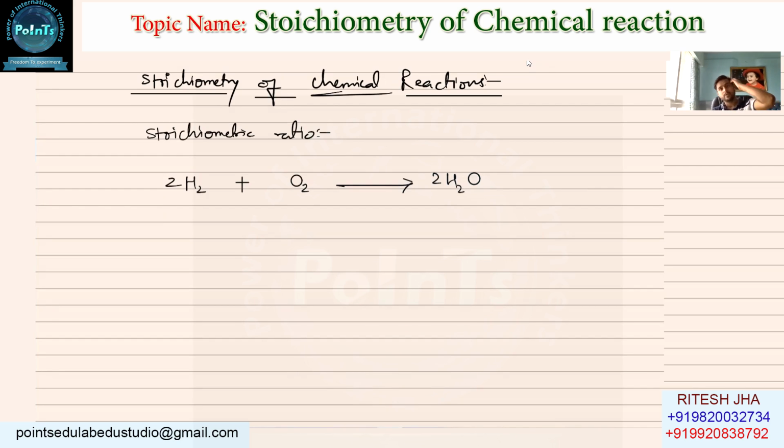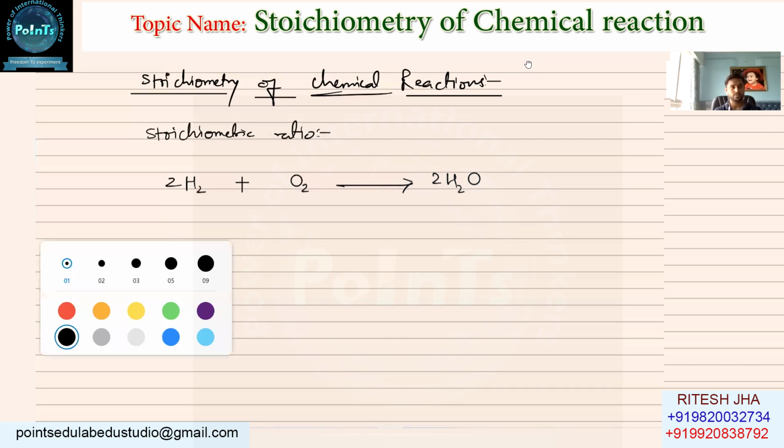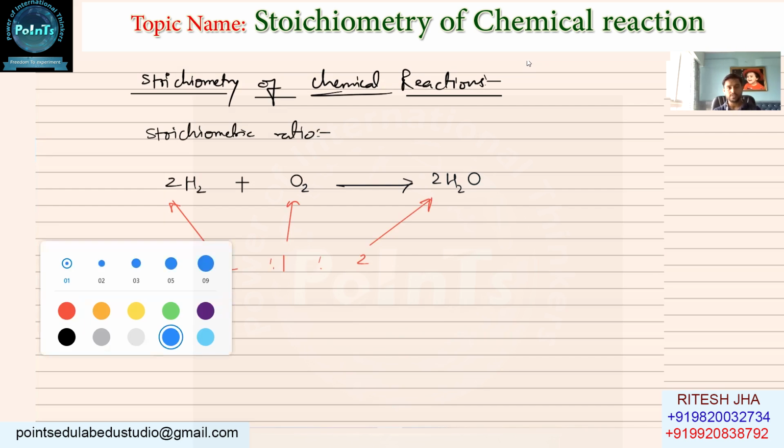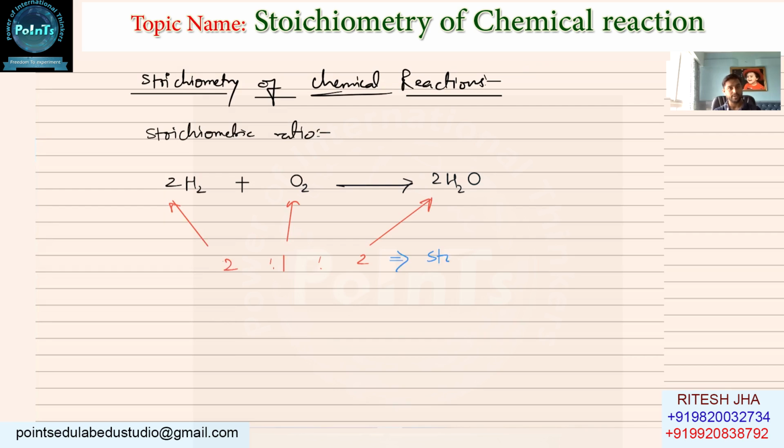Easy, right? Now, what are the coefficients you are seeing over here? The coefficients are 2:1:2. This is nothing but the stoichiometric ratio.